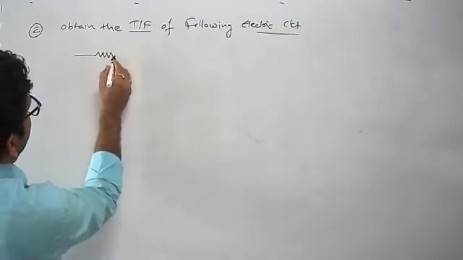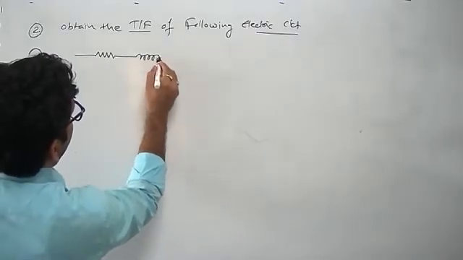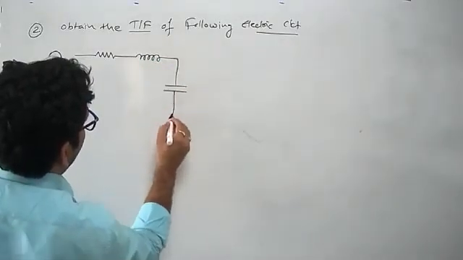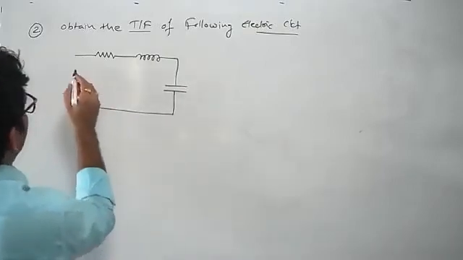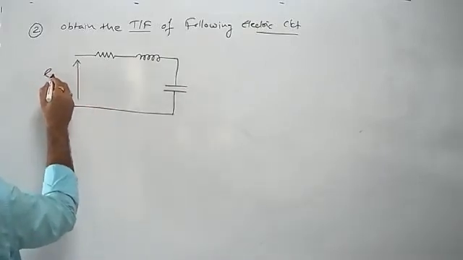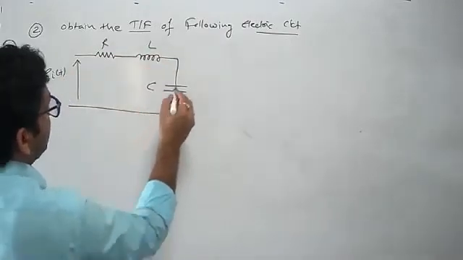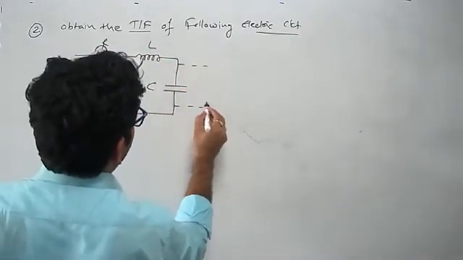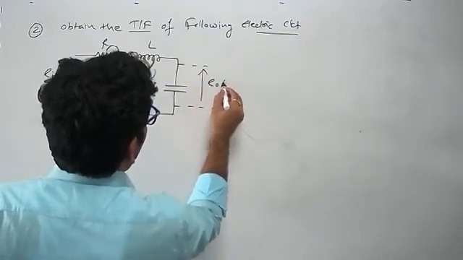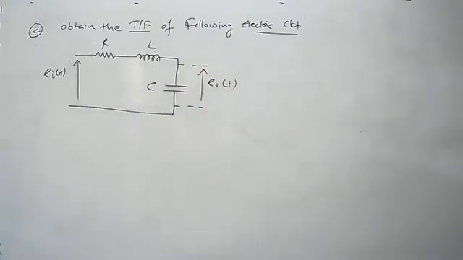We are having R, and then we are having L, and then we are having C, all connected in series, and to this circuit we applied some input excitation which is nothing but EI of t, and across the capacitor we are going to calculate the output which is nothing but E naught of t.